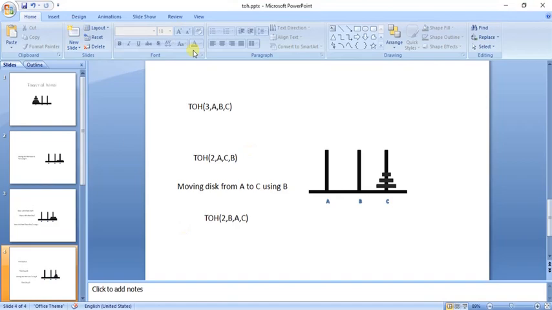So this is the basic algorithm. Using that we are going to write the program for Tower of Hanoi.